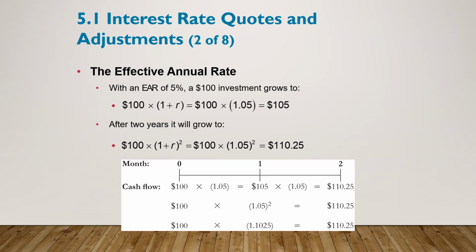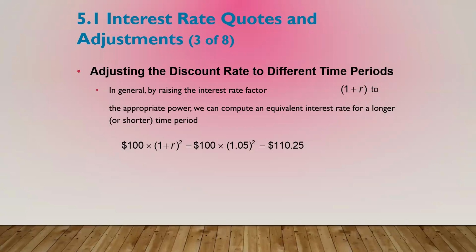Now, after 2 years, it will grow to $110.25, as you see in this illustration on the slide. Now, that preceding example shows that earning an effective annual rate of 5% for 2 years is equivalent to earning 10.25% in total interest over the entire period.